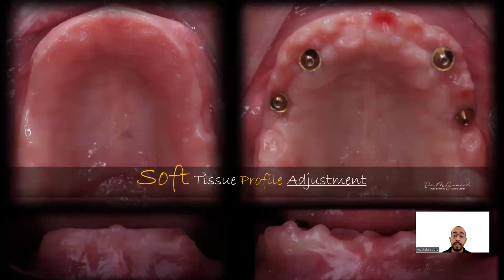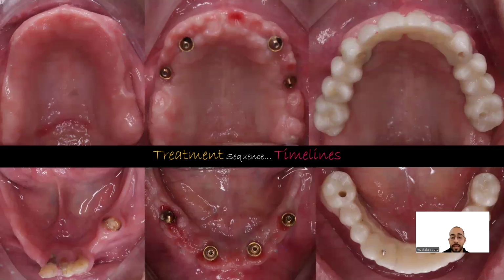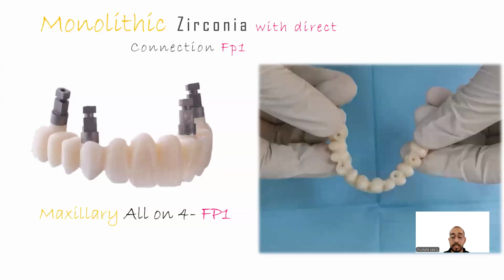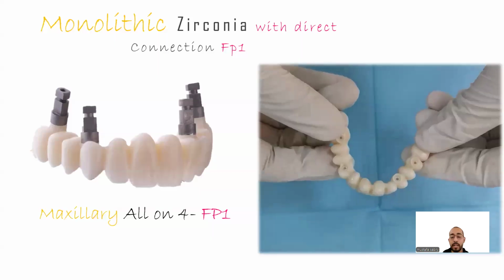And with a beautiful healing, if you take a look on the left-hand side, at the lower part of our slide, and on the right-hand side, you can see how the temporary is a very important design to manipulate or enhance the soft tissue quality, and how we compare side by side the FP1 for the maxilla and the FP3 for the mandible, very beautifully.